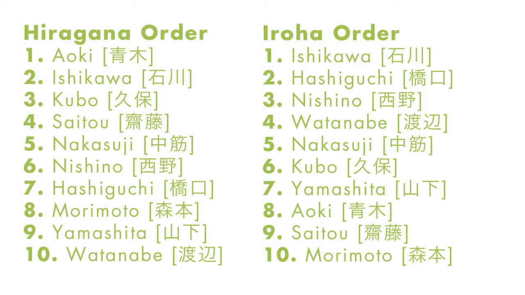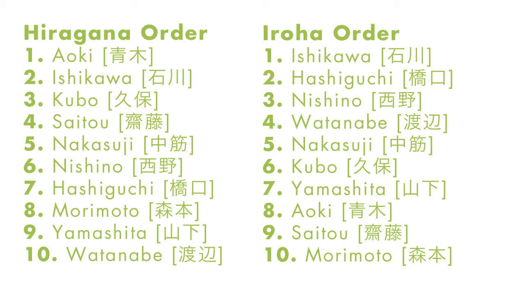So those same 10 names, according to the old system, the Iroha system, would be like this. It would be Ishikawa, Hashiguchi, Nishino, Watanabe, Nakasuji, Kubo, Yamashita, Aoki, Saito, Morimoto. So it's completely different from the way that it is today in Japan.